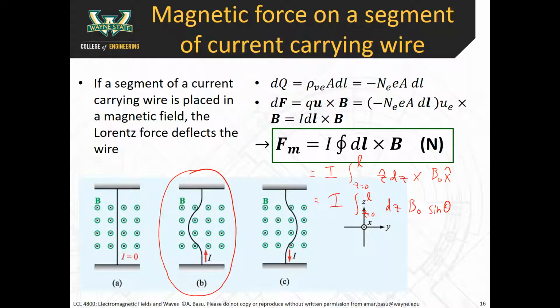This is just the sine of 90, which is equal to 1. So it becomes the integral of dz from 0 to L times B0. This is a constant, and this is also a constant. So this really simplifies into I times B0 times L.